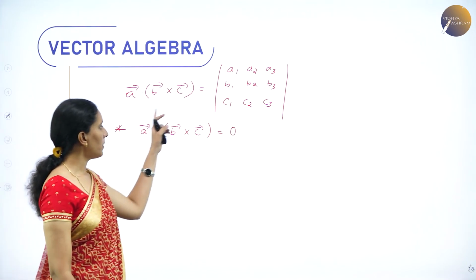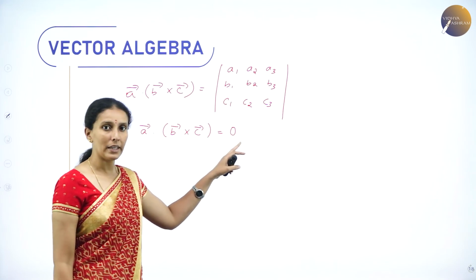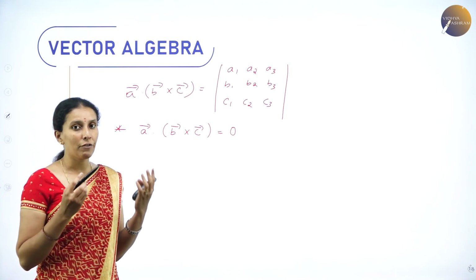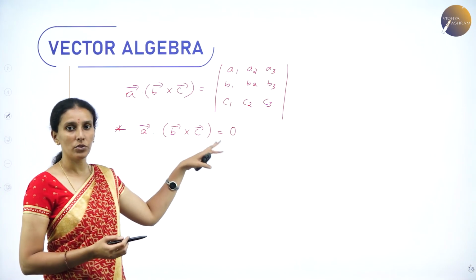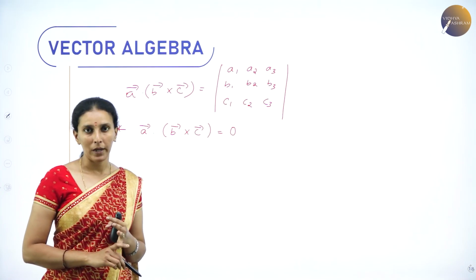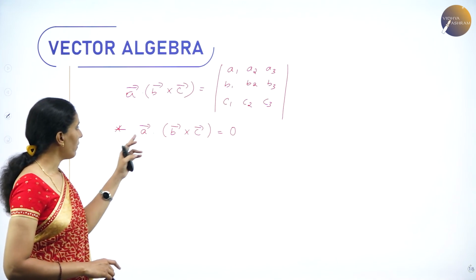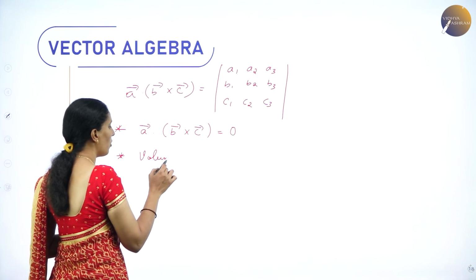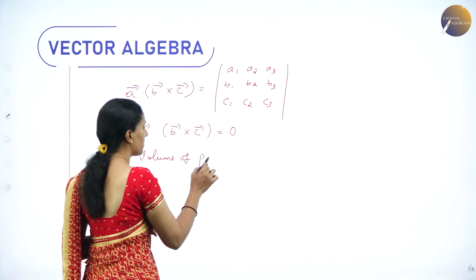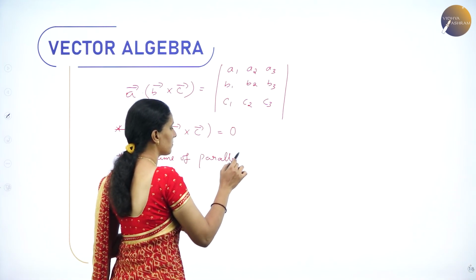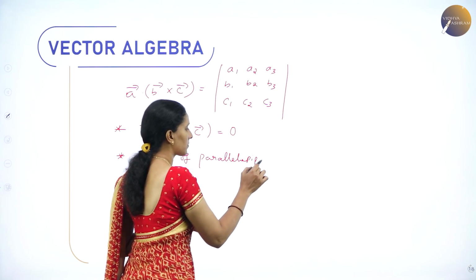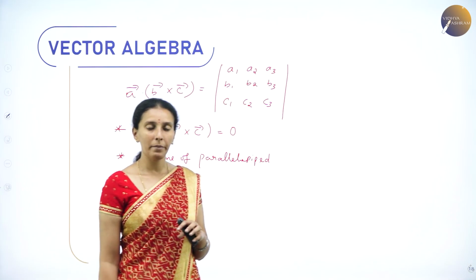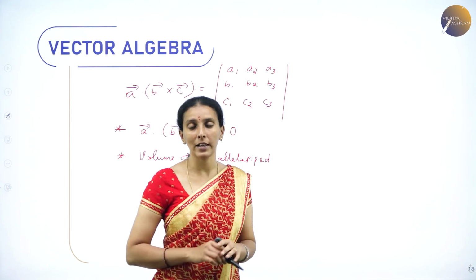If the scalar triple product of vectors A, B, C is 0, then the 3 vectors are coplanar. When any 4 points are given, convert them into 3 vectors and show that they are coplanar. And also, always A dot B cross C represents the volume of a parallelepiped. The value always gives you the volume of a parallelepiped, which is a solid whose faces look like parallelograms.